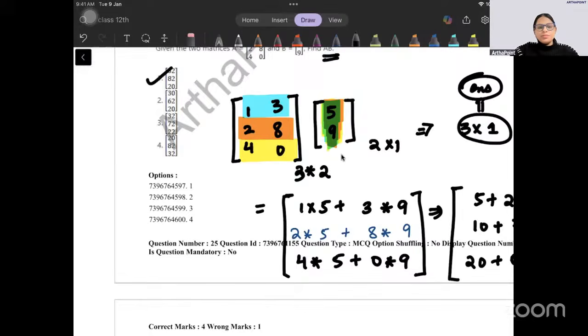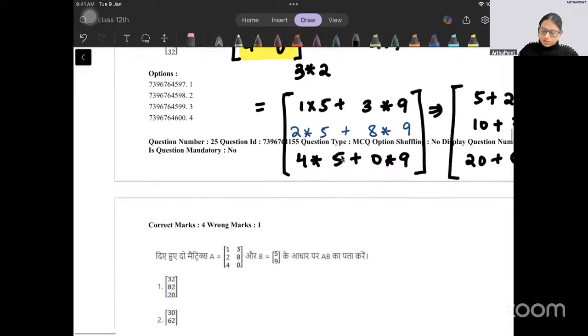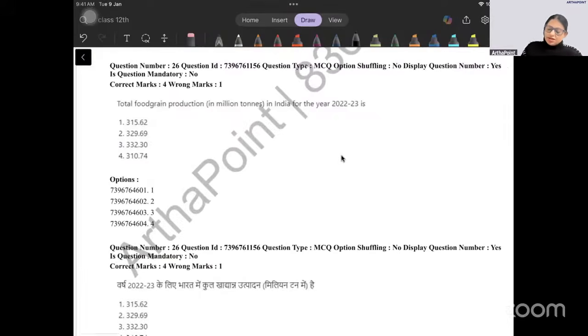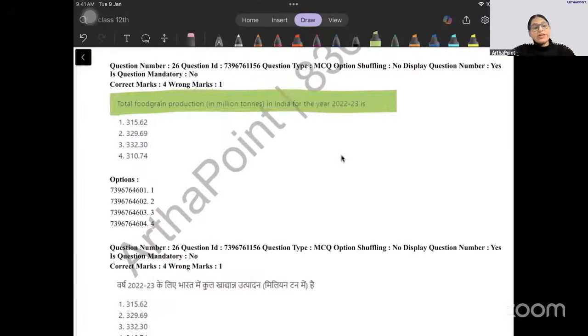Okay, move on to the next question. Next one. These are the questions which I don't like. Total food grain production in India. These are the ones that bring marks down, and there is a lot of guesswork involved in these questions.